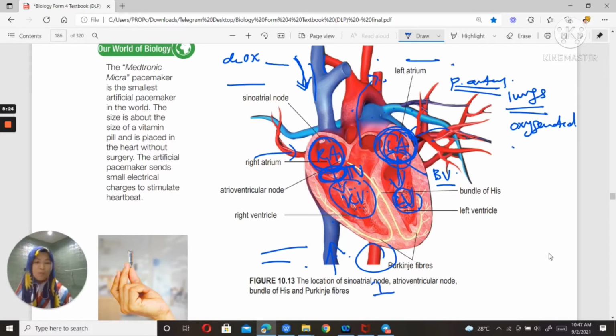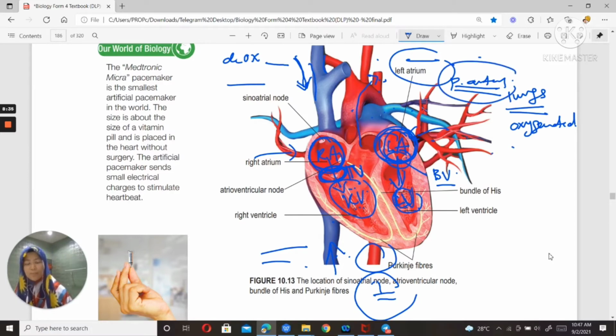This refers to systemic circulation. If we relate with the pulmonary artery and pulmonary vein, we relate with pulmonary circulation. That one is revision. Kita dah belajar before this. Same for the semilunar valve, hopefully awak ingat this one also prevents backflow.